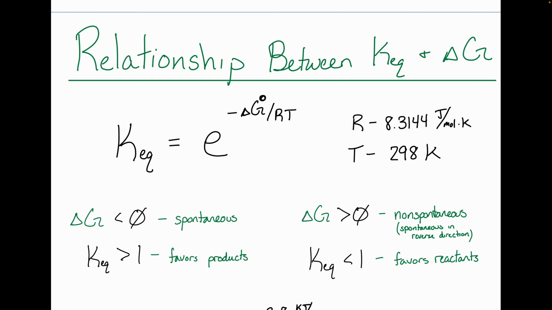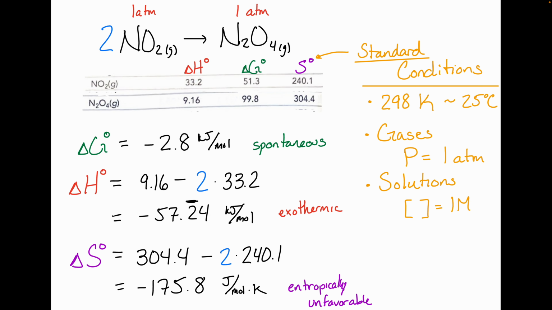So calculating that delta G from our constants page, we could also calculate the equilibrium constant of those reactions. We talked about that little knot and how that knot meant that it was under standard conditions. Standard conditions will tell us whether the reaction is spontaneous, exothermic, entropically favorable or unfavorable at 298 Kelvin.